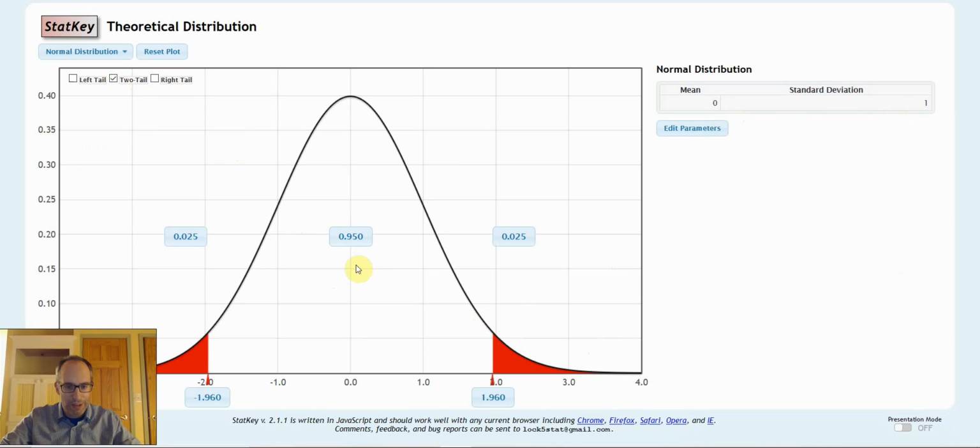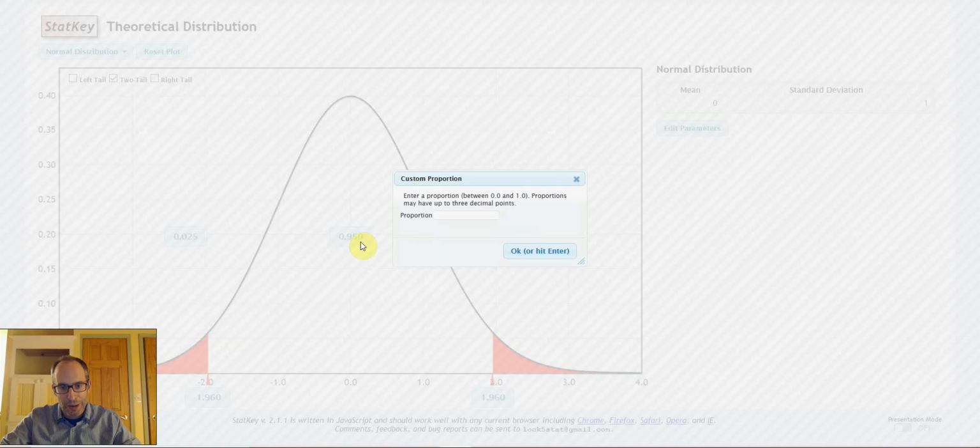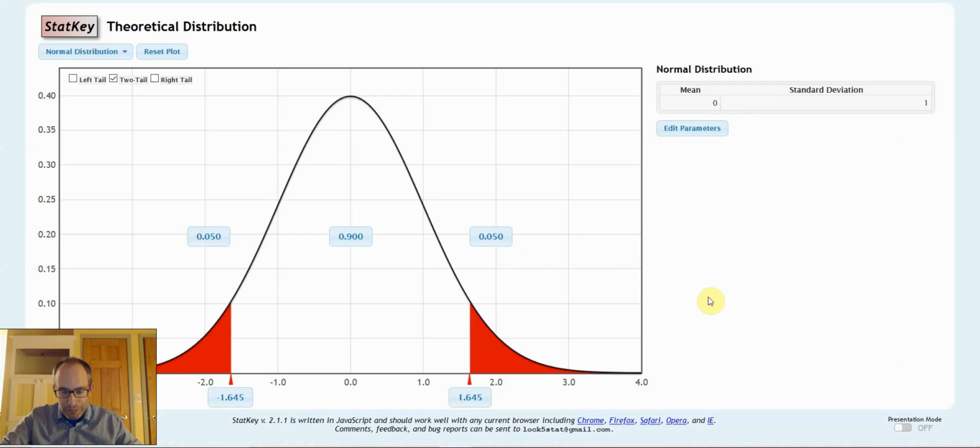But the next confidence level was 90%. So I'm going to change this. I'm going to click on this button, and I'm going to change the proportion in the middle to 0.90, so it matches up with 90%, right? Because now I've got the 0.90 in the middle, and then here's my cutoff down here of 1.645. And notice what's in the tail changes too, because if you've got 0.90 in the middle, you've got 0.10 left over in the two tails combined, so half of that in each tail, which is 0.05.